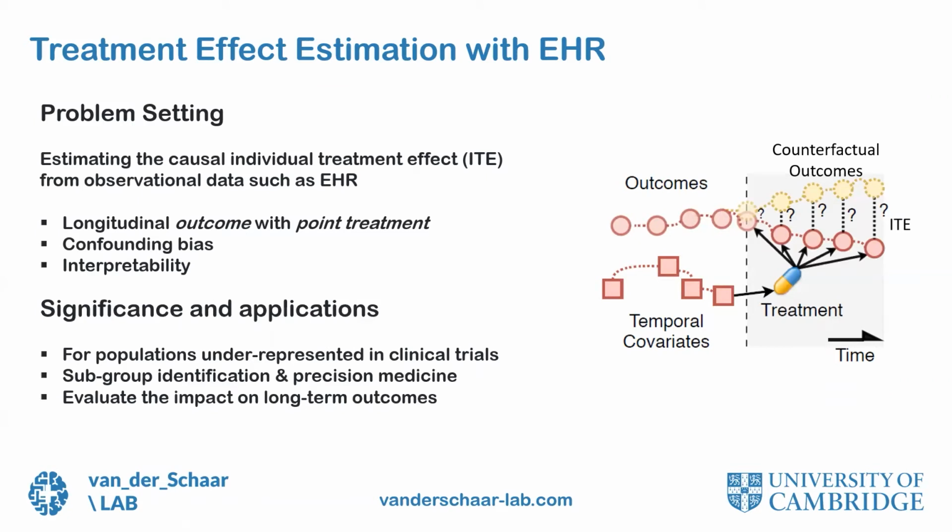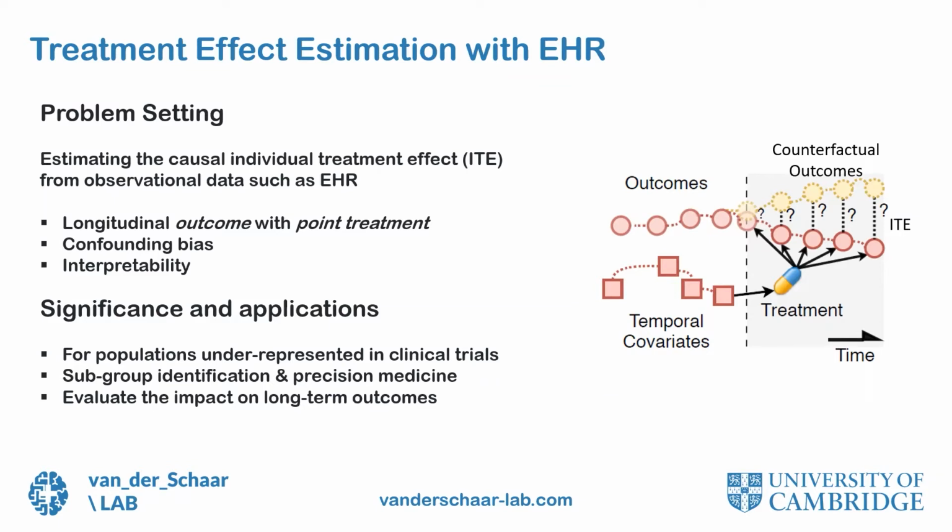The longitudinal treatment effect estimation is very significant and has many clinical applications. As we all know, many clinical trials are underrepresentative of the general population because of the small sample size and eligibility criteria. Moreover, the real-world electronic health records data contains a lot more samples, which makes subgroup identification and measuring the heterogeneity within subgroups possible.